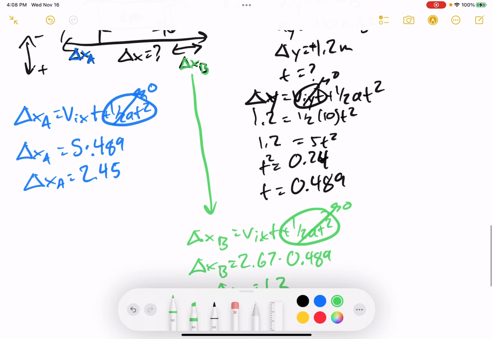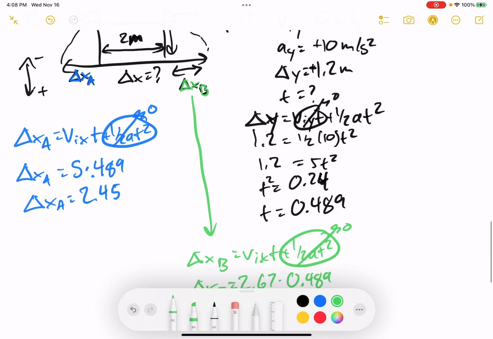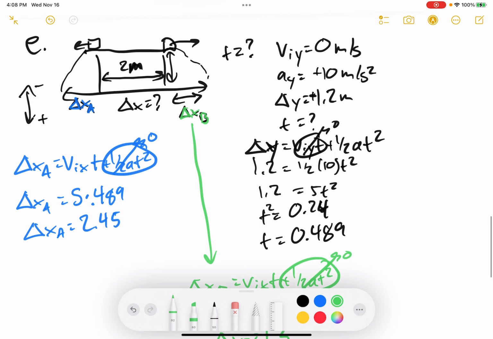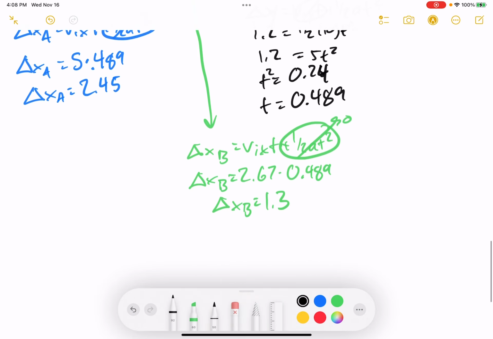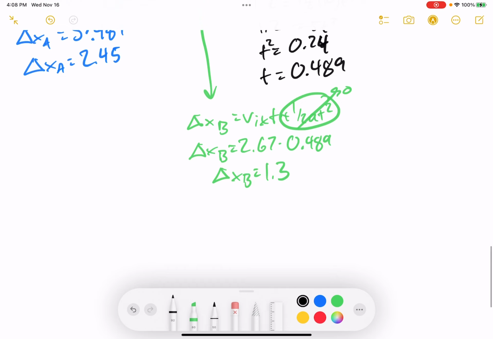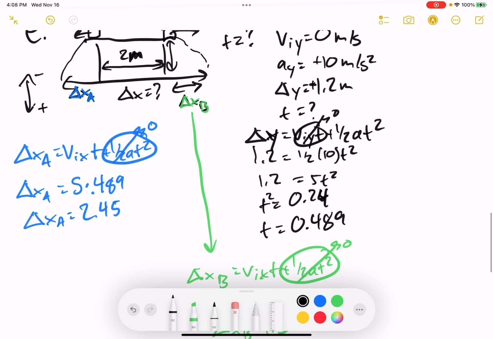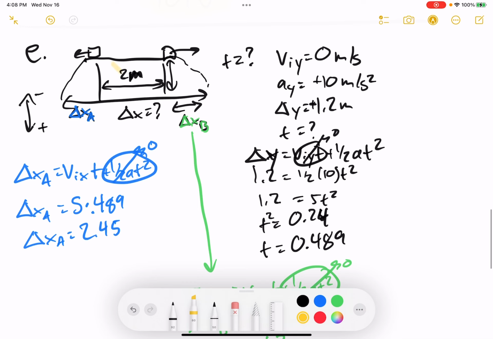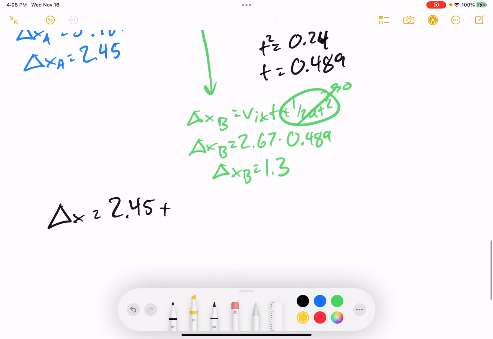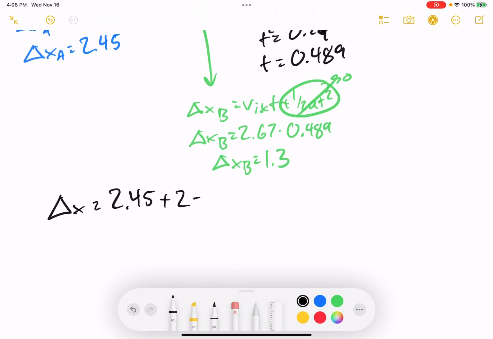Okay, so now all I need to do is just add up all those numbers together. Okay, so I have delta x equals 2.45 plus we have a 2 meters here. Okay, so plus 2 plus 1.3.